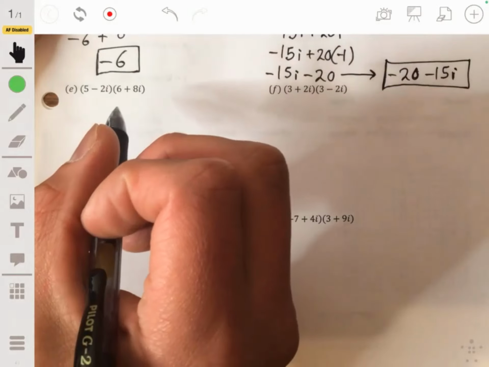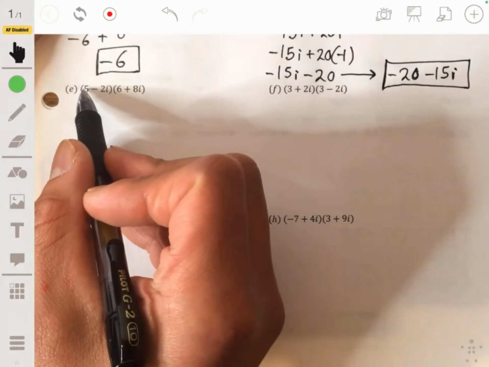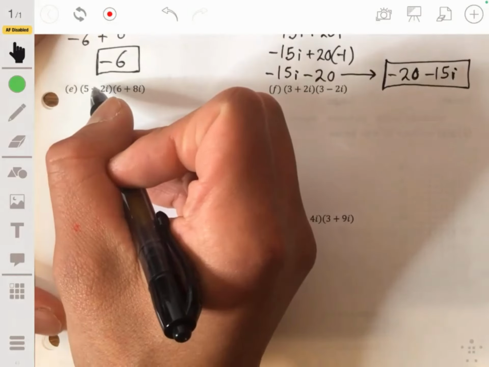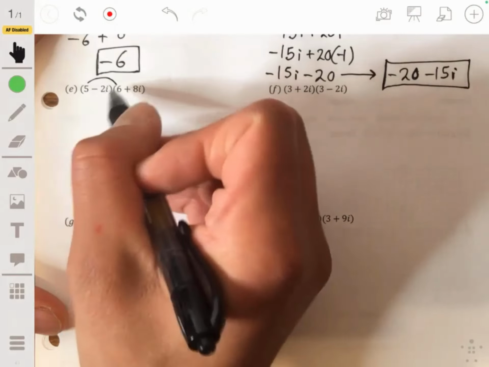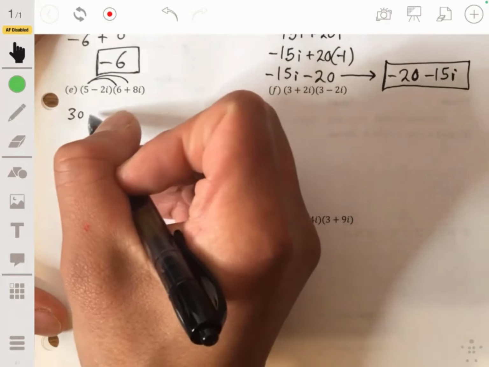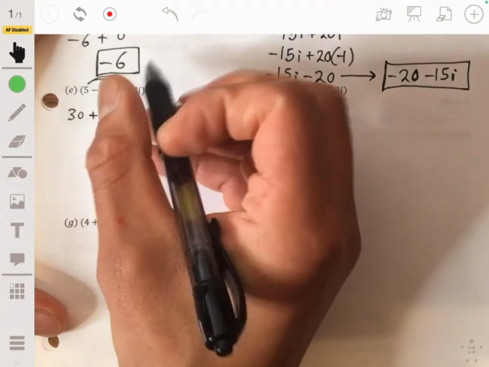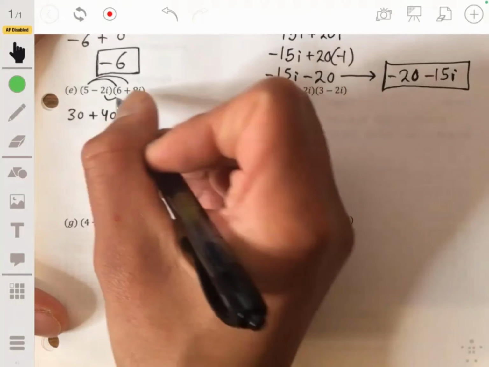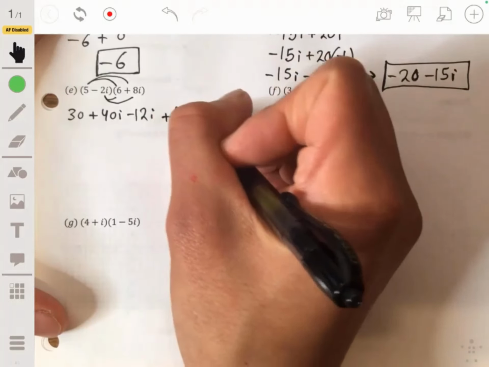Okay, now we have a binomial times a binomial, I guess. So just distributing, 5 times 6, 30, 5 times 8i, 40i, negative 2i times 6, minus 12i, negative 2i times 8i, plus 16i squared.